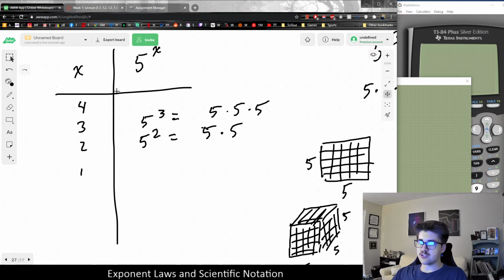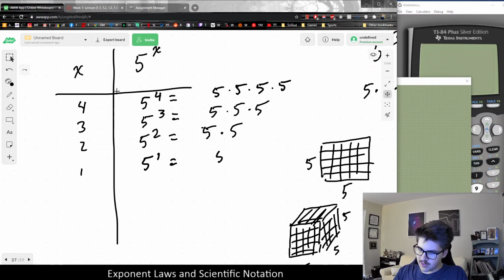Now there's no shorthand name for 5 to the fourth power, at least with respect to geometry, because how do you do a 4-dimensional shape under the same idea? But of course the meaning is the same. 5 to the fourth would just be 4 5s multiplied together. And 5 to the first power is just a single 5, so it makes sense that that would just be 5.